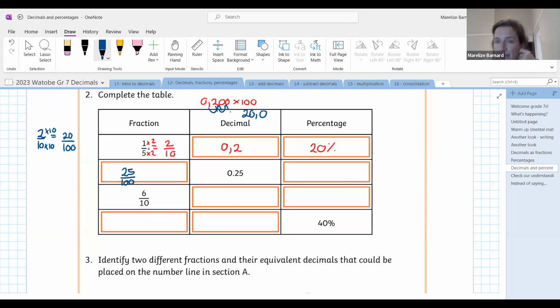And what will it be as a percentage? 25%. That's right, because we already have it over 100. So we don't even have to do that extra work. We can just make it a percentage. Right. I do want us to simplify this though to a quarter.